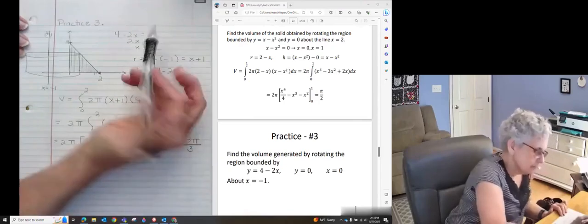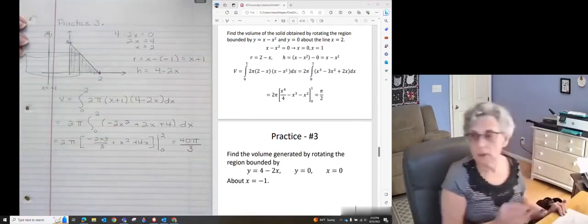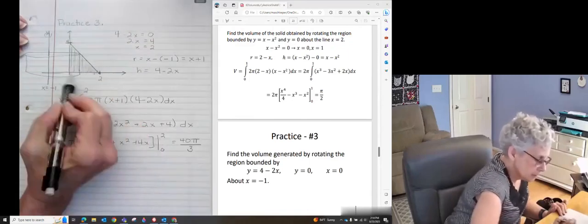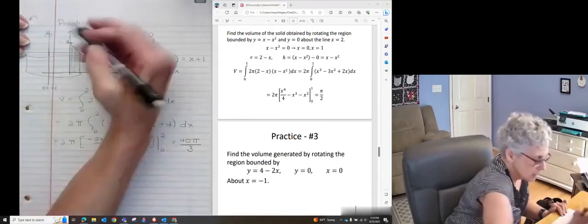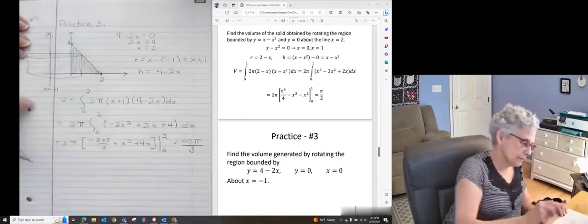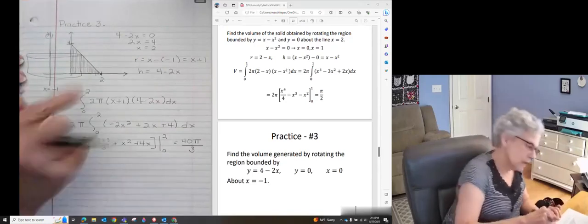So my region was this triangle here enclosed by the line, and y equals 0, which is the x-axis, and x equals 0, which is the y-axis. We revolved it about the line x equals negative 1.